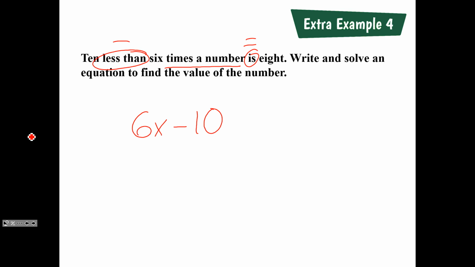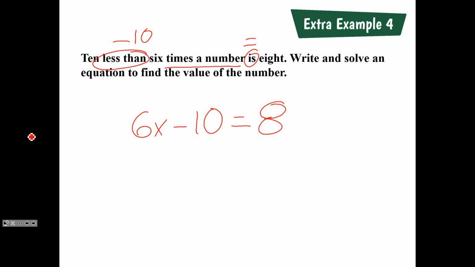So we're starting with our variable, which is 6x. And then if you see 10 less than, you know that this is going to be a negative 10. So all you're doing is combining it. So you have your 6x minus 10. And what is that equal to? What does it say in our word problem? 8. So now we have our equation.